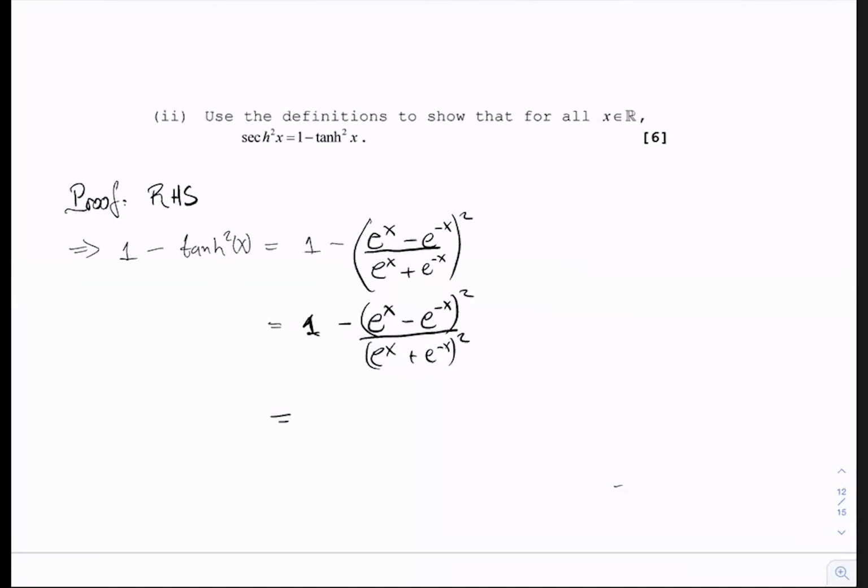So what we want to do is take this 1 and write it as e to the x plus e to the minus x squared divided by e to the x plus e to the minus x all squared, minus e to the x minus e to the minus x squared divided by e to the x plus e to the minus x squared.